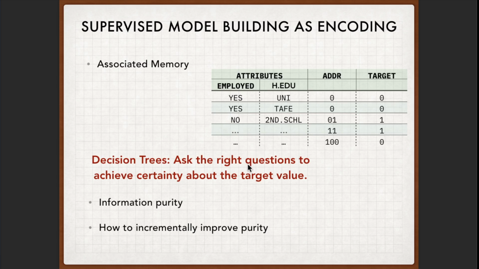The smart design of the series of questions uses the principle of measuring the information in the summarized groups of data samples, particularly the information of the summarized subgroups with respect to the target value, and how to incrementally ask more such smart questions about the attribute values, so as to improve the purity, the certainty of the information about the target value.